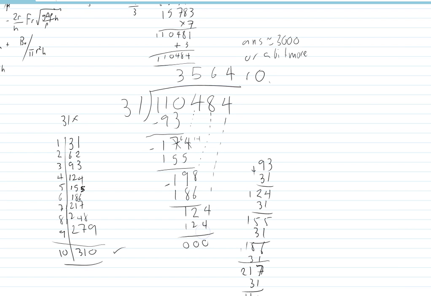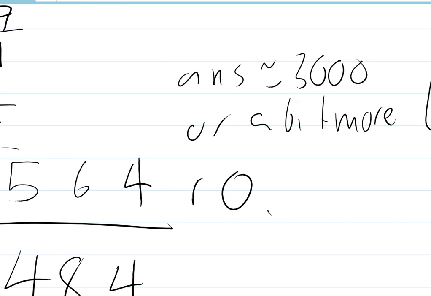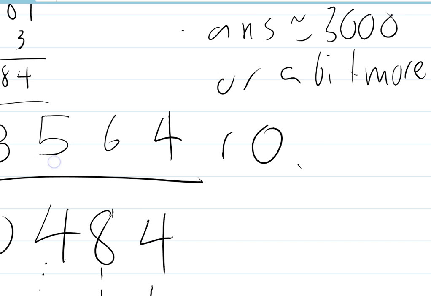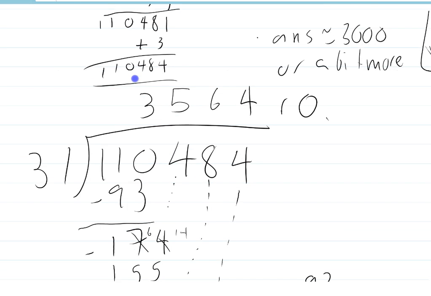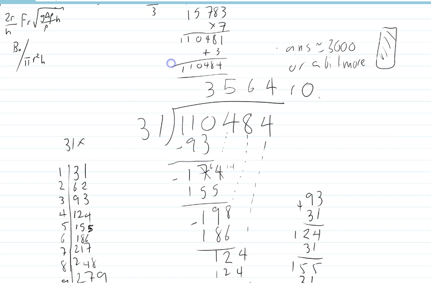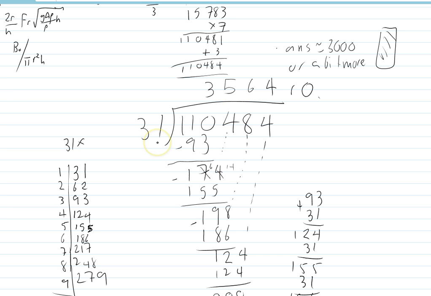Okay, so we've got a nice answer and it's exact. But does it check out? Yes, it does. It checks out because here I originally estimated that the answer was 3,000 or a bit more. And we had 2 reasons for it being a bit more, because my approximation was derived by dividing by 33, and we're only dividing by 31, so you get a bit more.